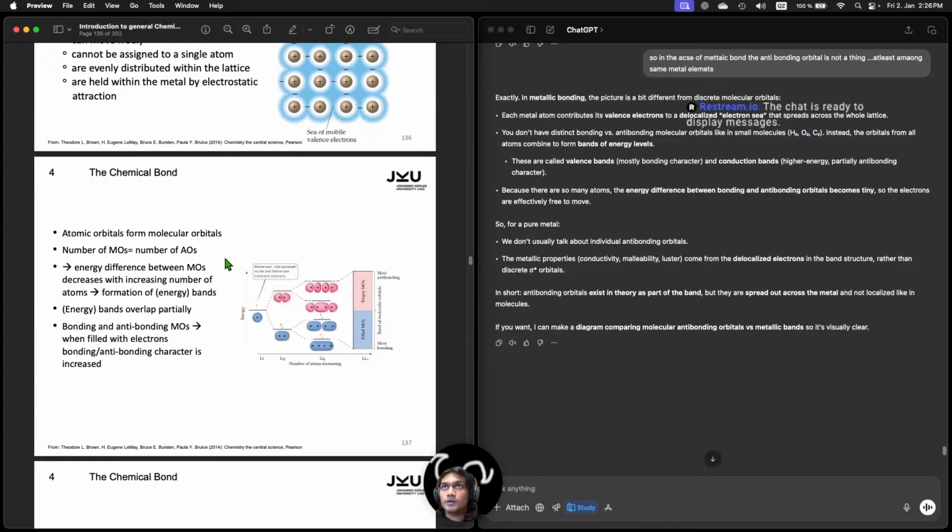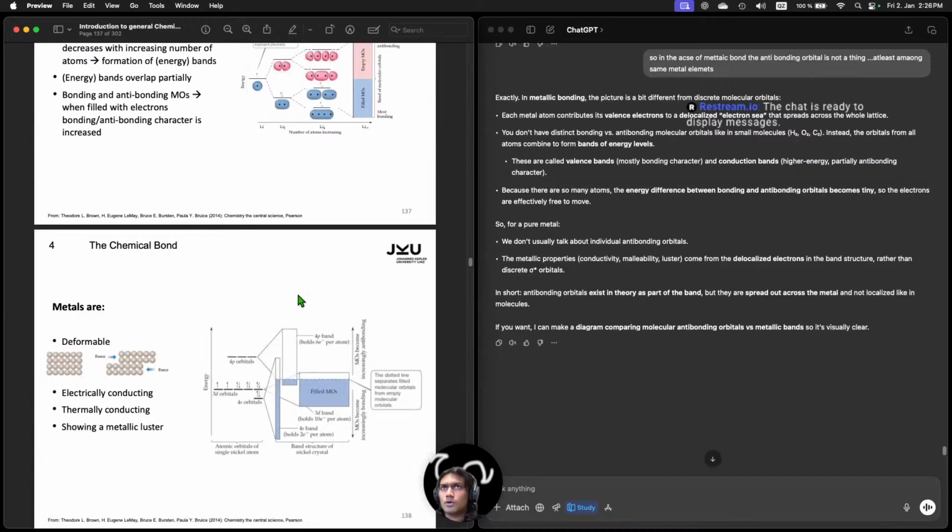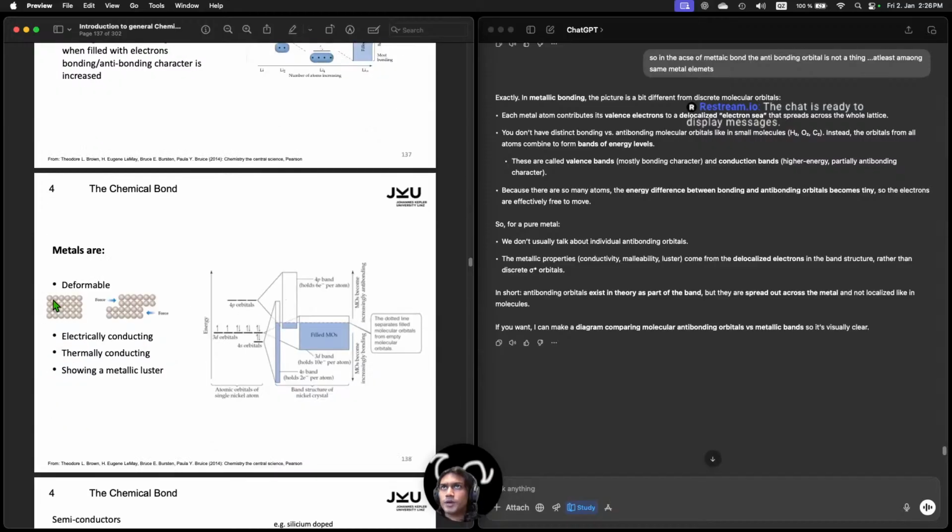Bonding, anti-bonding: when filled with electrons, bonding/anti-bonding character is increased. Metals are deformable, electrically conducting, thermally conducting, showing a metallic luster.